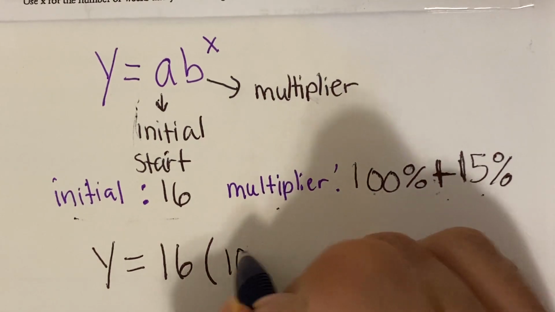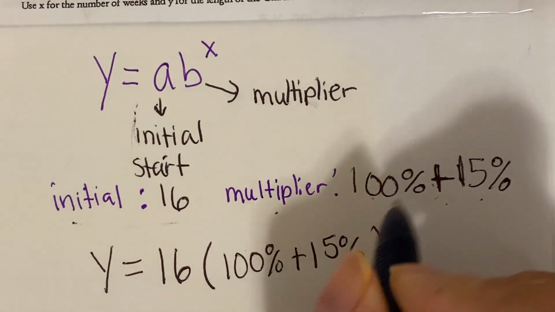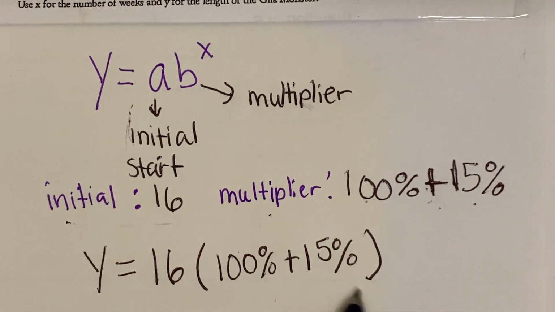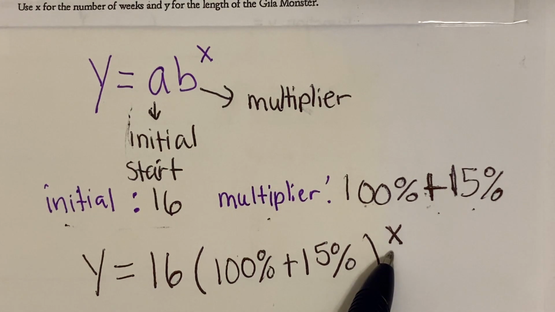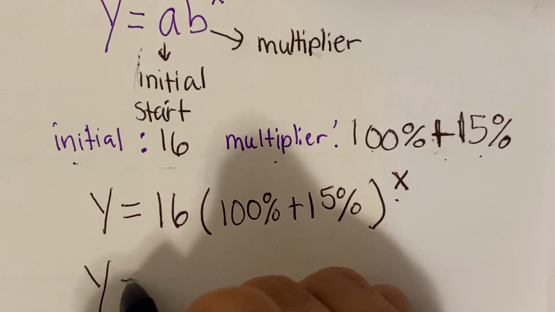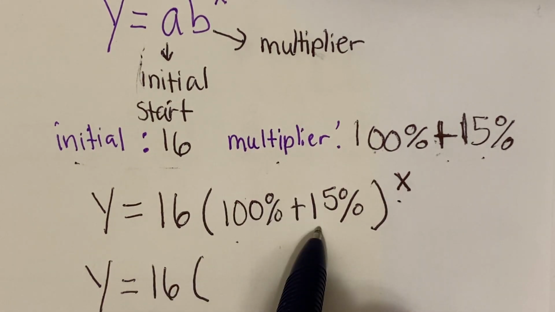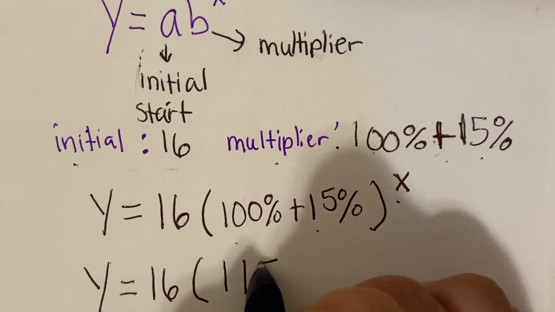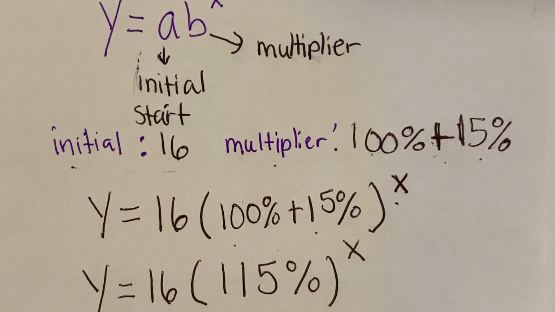And then, of course, after you close this parentheses, don't forget your exponent is the variable x. All right, so let's simplify this. It's going to be y equals 16, 100% plus 15% is going to be 115%, to the power of x.